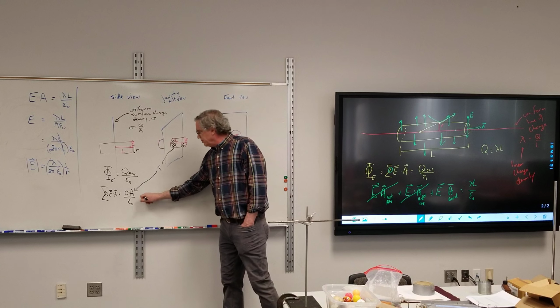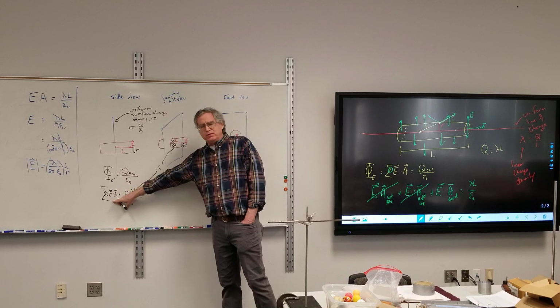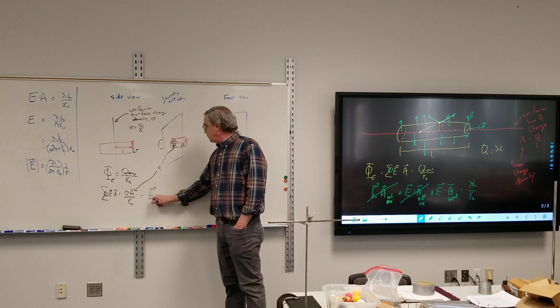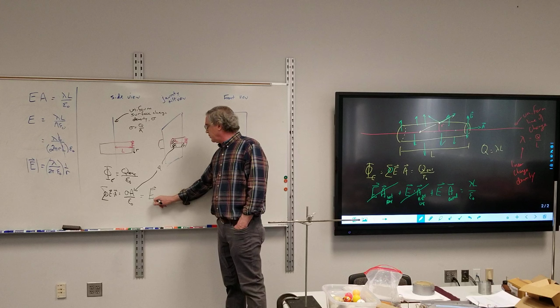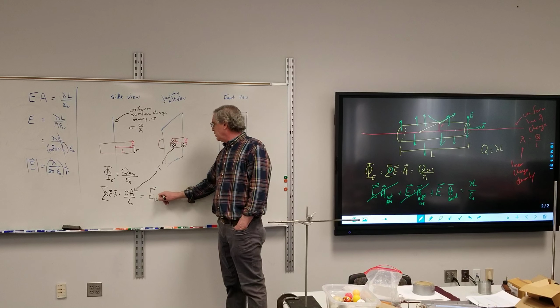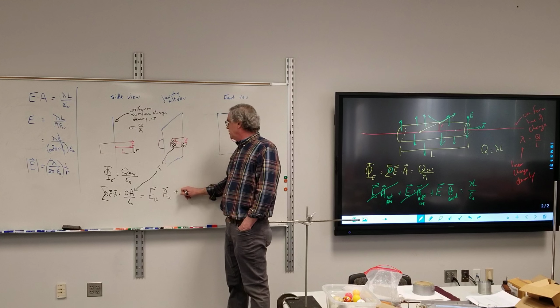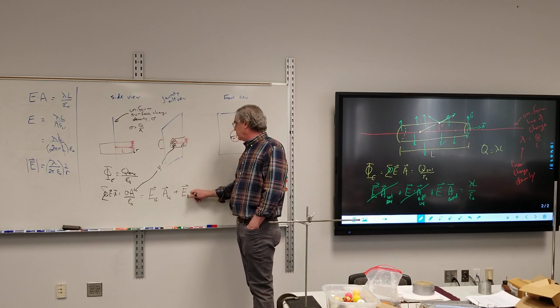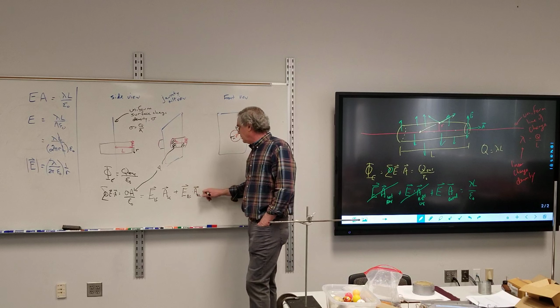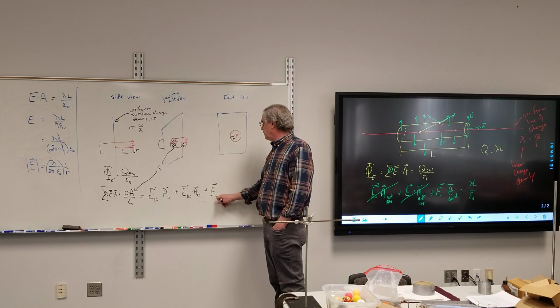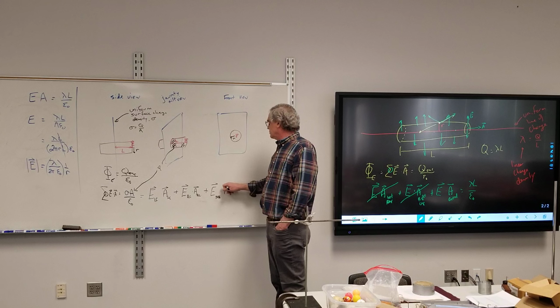All right. Putting this into pieces here, we have the electric field through, we'll call the left cap, I'll just abbreviate it to LC, through the left cap times A of the left cap, plus the electric field of the right cap times the area of the right cap, plus the electric field on the barrel dot product with the area of the barrel.